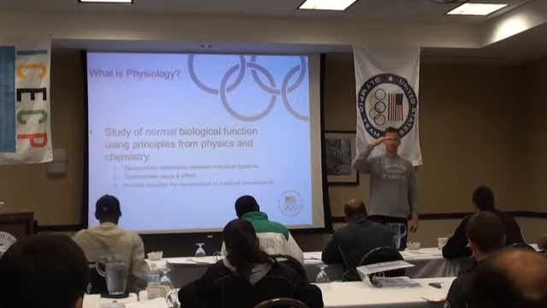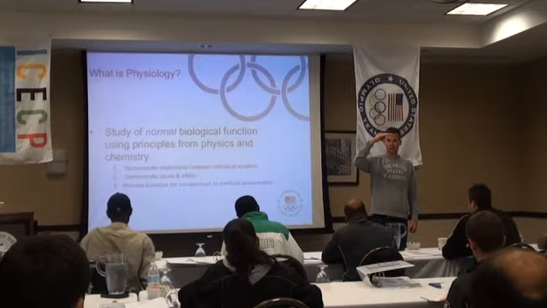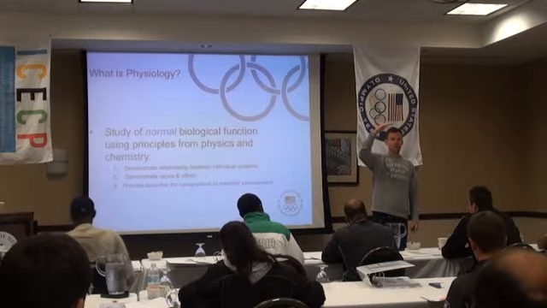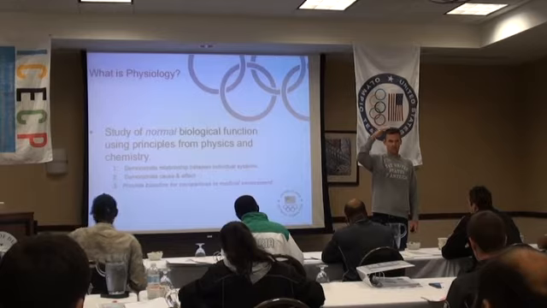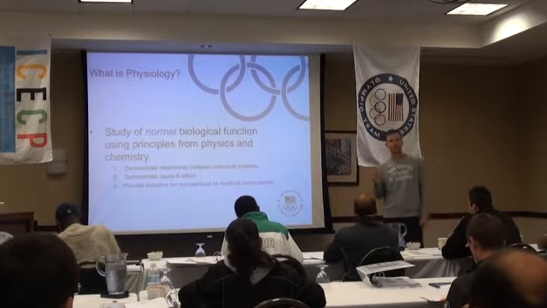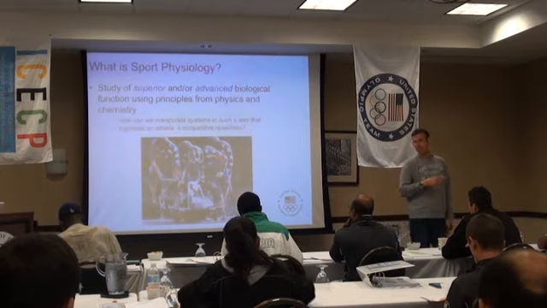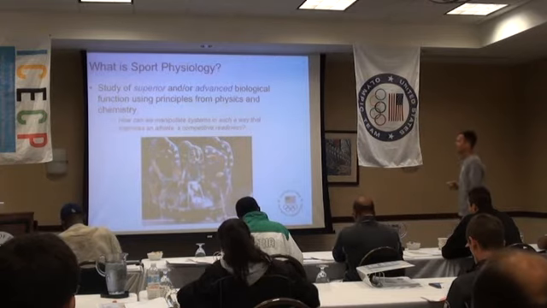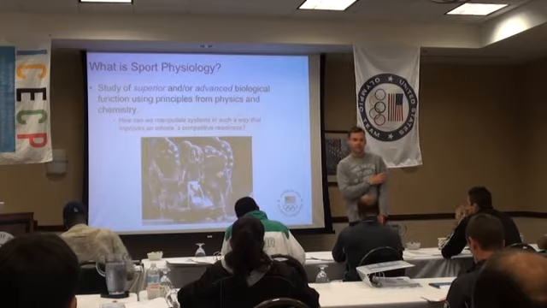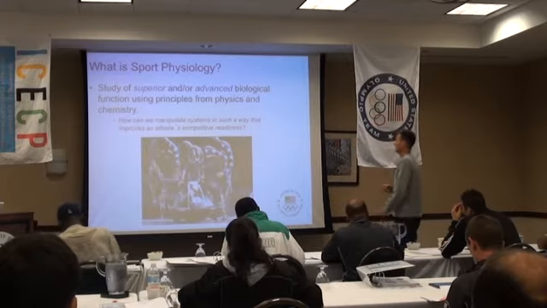How do we take someone who's healthy or above average in health and make them very healthy, or physiologically superior to the rest of the world? So that's what we do. We try to manipulate the body to be better than everybody else. And so that is what sport physiology is. It's advanced biology. It's pretty interesting what we do.